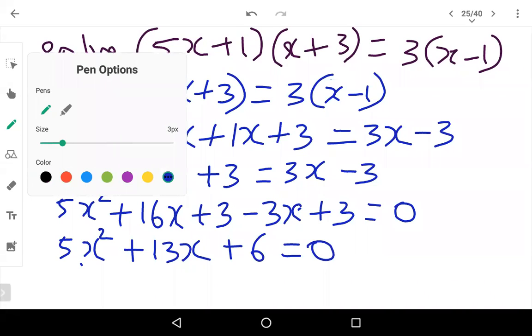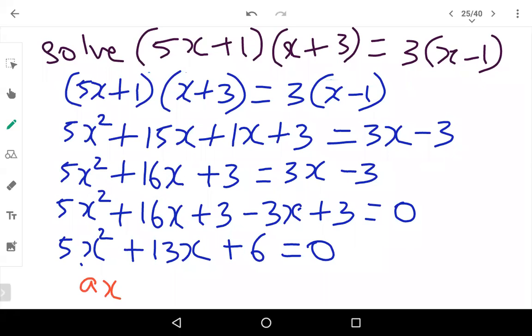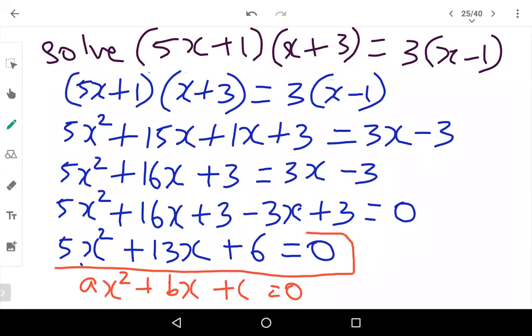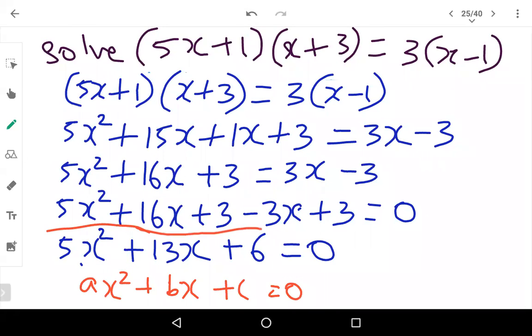Now this equation is in the form of ax square plus bx plus c is equal to 0. Okay. Now factorize this equation and find the roots of x.